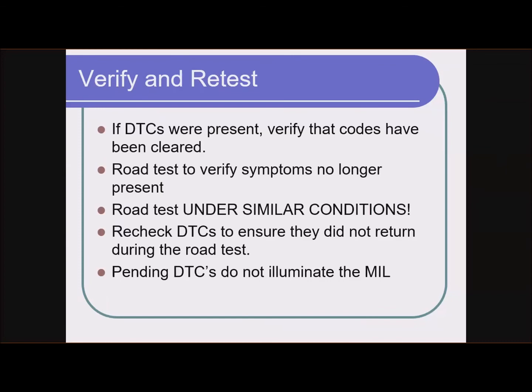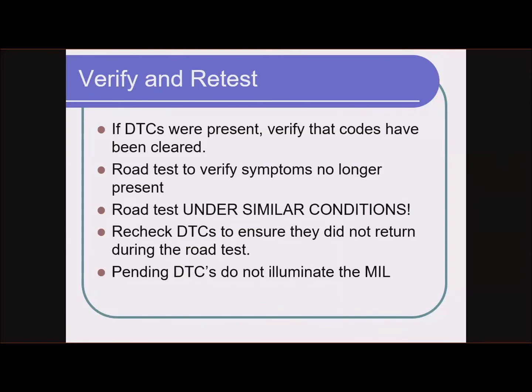And then recheck to make sure they didn't return. You can't just go on the malfunction indicator light, because a lot of codes nowadays take 2 failures before they'll actually illuminate the malfunction indicator light, the check engine light. And they won't set a current code.